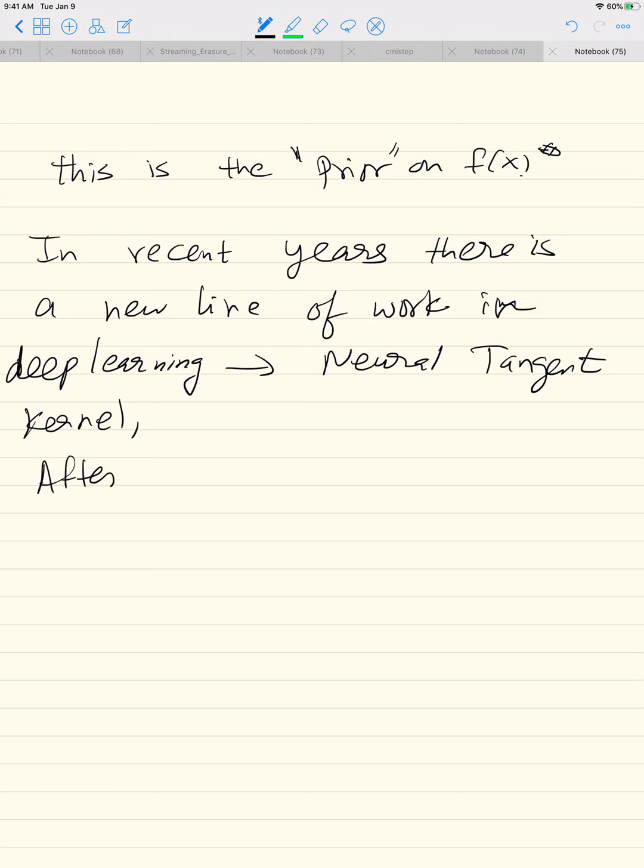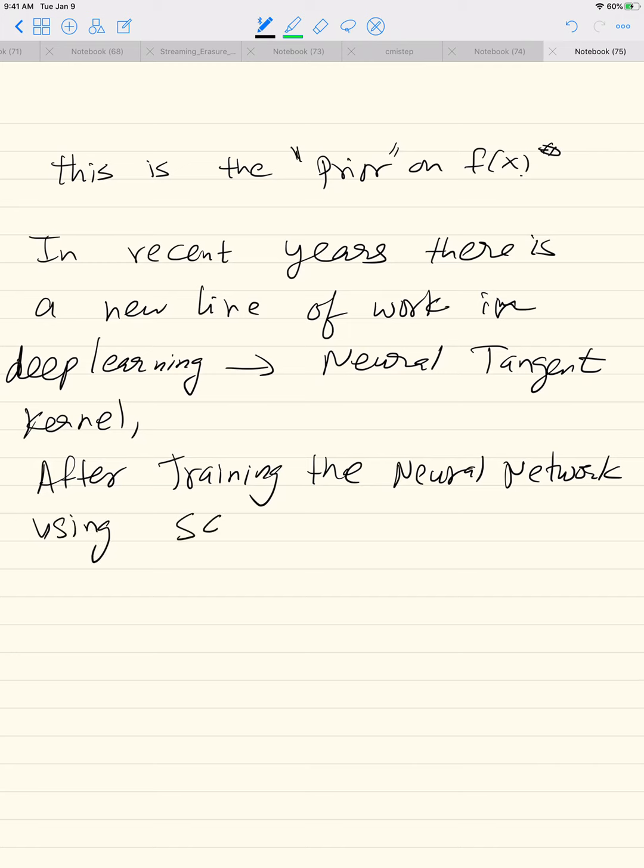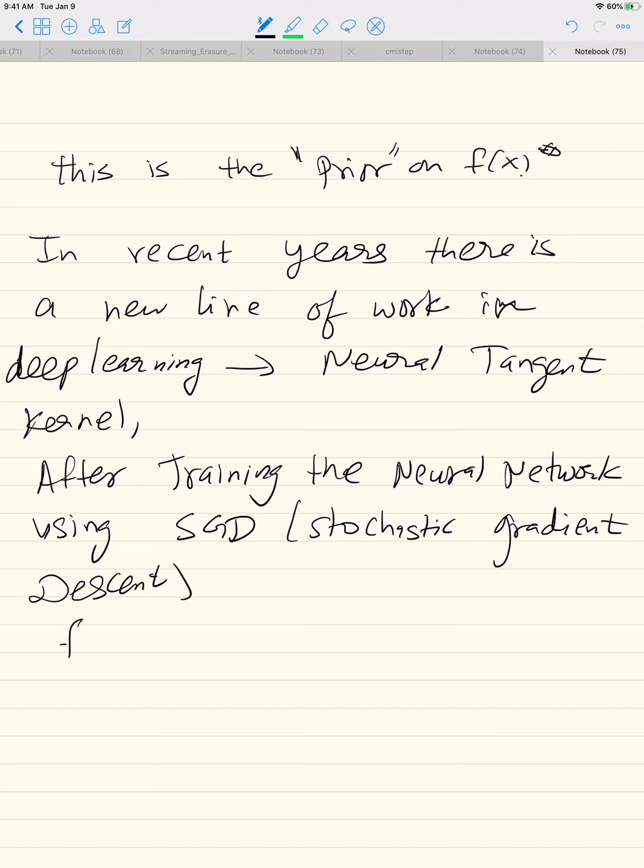even after training the neural network using, say, stochastic gradient descent, f is also a Gaussian process.